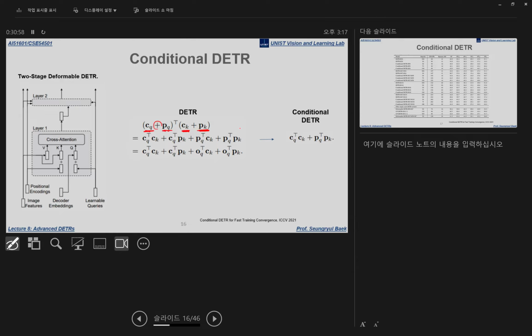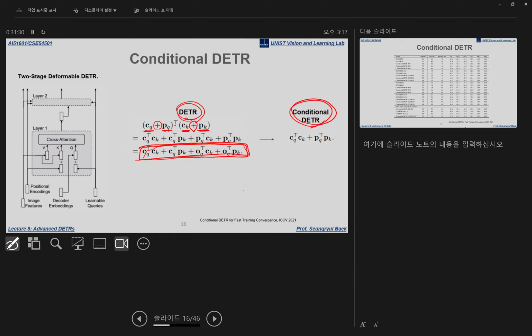If we add this content query and positional query and apply the dot product as in the attention mechanism, then somehow content query and positional query are mixed. This is what the original DETR does for calculating the attention, and somehow they are mixing the content and positional information.